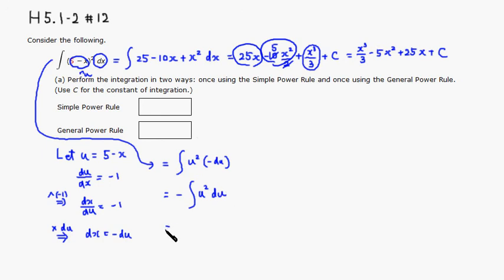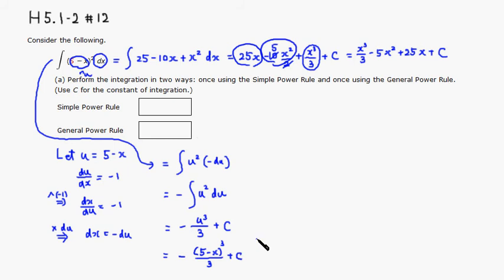This is just the power rule, so you have u cubed over 3 plus some constant c. Then we put the original back: negative quantity 5 minus x cubed over 3, plus some constant.